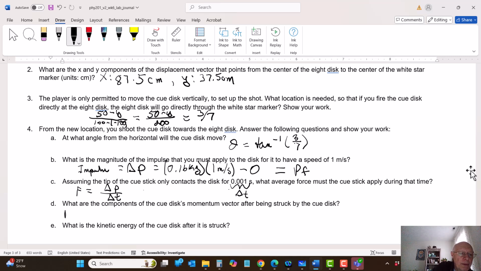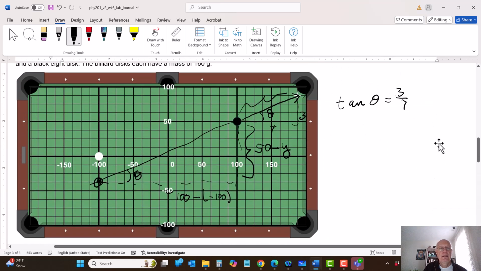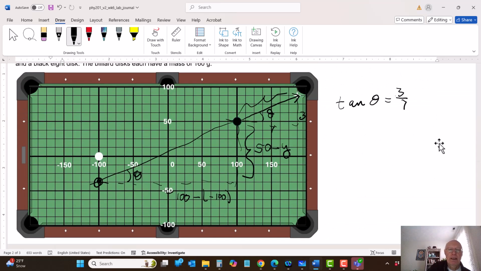The x component is going to be the final momentum times the cosine of the angle, because the momentum vector is in the direction that you're hitting the disk.